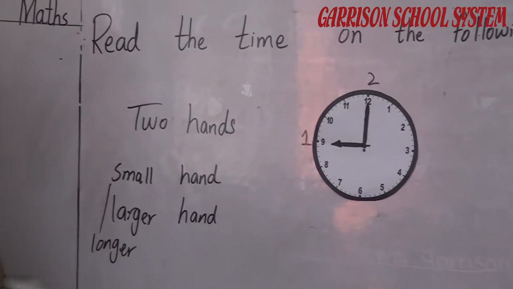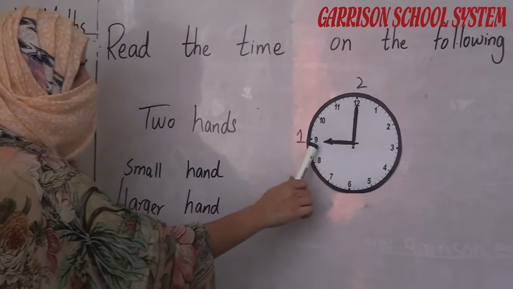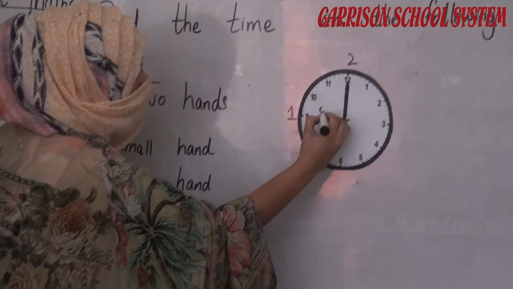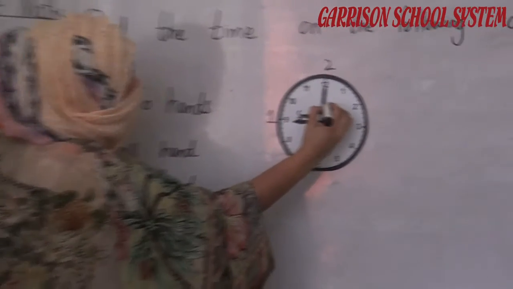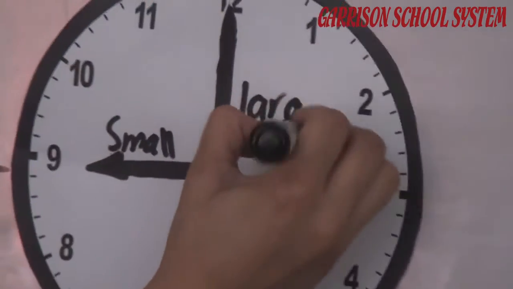Okay, students, there are two hands on the clock. First is the small hand. This is our small hand. This is our larger hand.